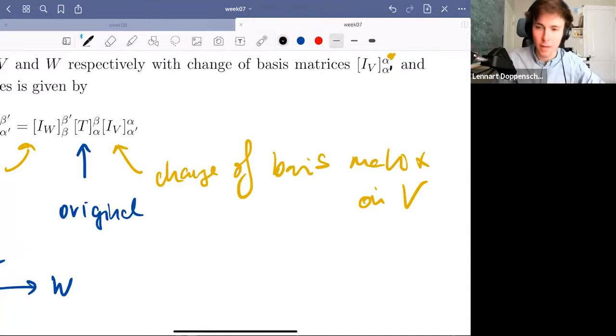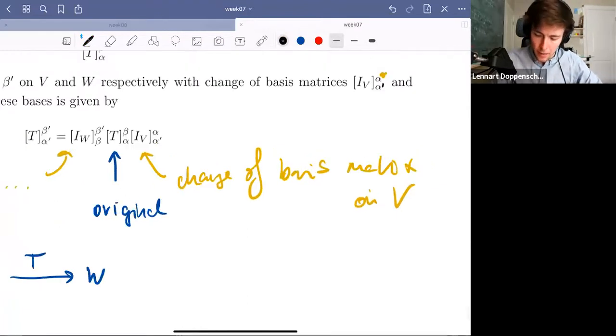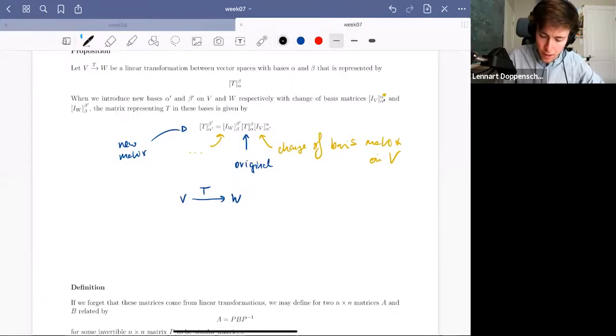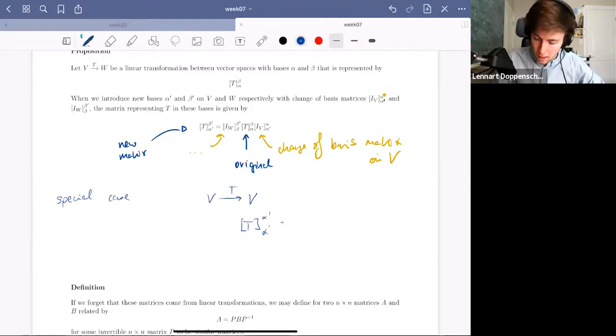So you could switch alpha and alpha prime by just taking the inverse, and this is also done in the book. If you look at the book, you can see how to look at this special case where the domain and the codomain are the same. Then it really is the case that T in the new basis alpha prime is equal to T in alpha, sandwiched with the change of basis. So we change the basis from alpha to alpha prime.